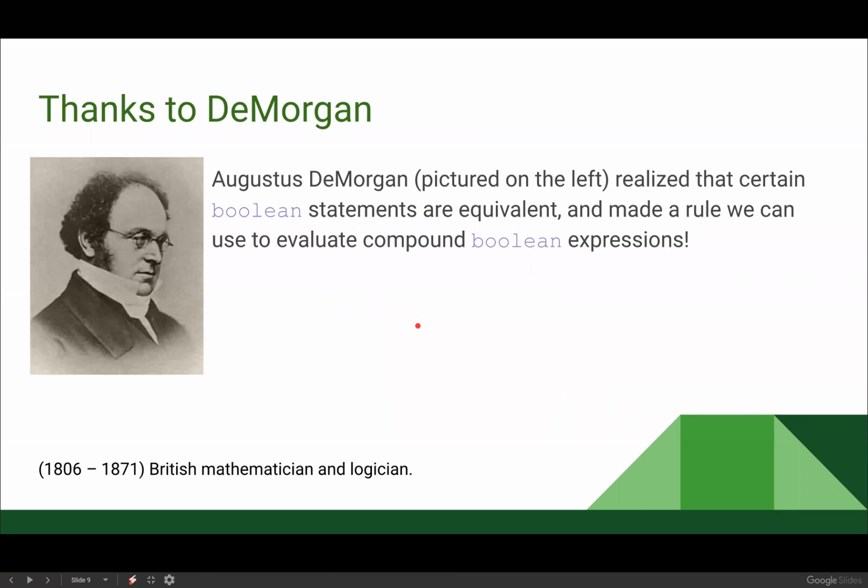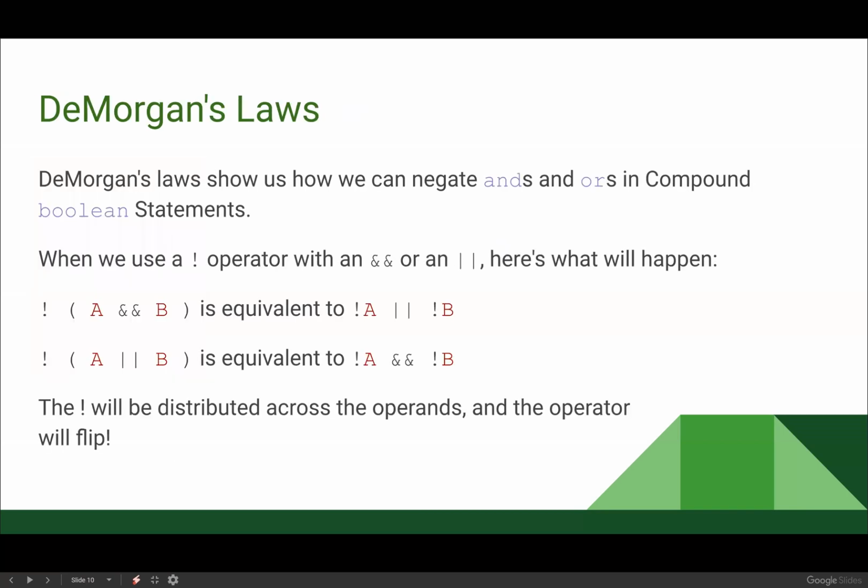The rule that lets us do this is one of DeMorgan's laws. Augustus DeMorgan, pictured on the left here, realized that certain Boolean expressions are equivalent to one another, and he made these rules that we can use to evaluate the exact same compound Boolean expressions.